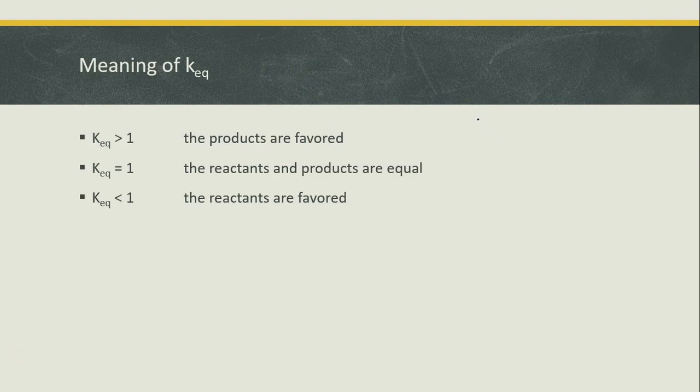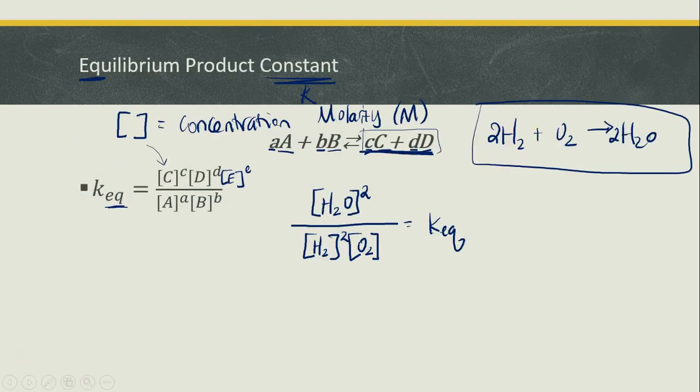If the KEQ is greater than 1, it says the products are favored. Let's look at this for just a second. This is a fraction. So it should make good sense that if the top number is larger than the bottom number, then you're going to have an answer that is greater than 1.